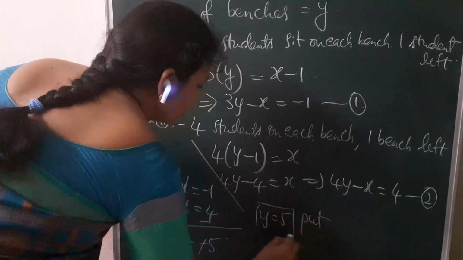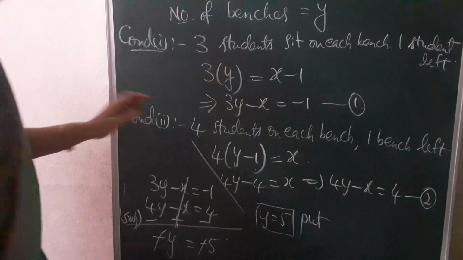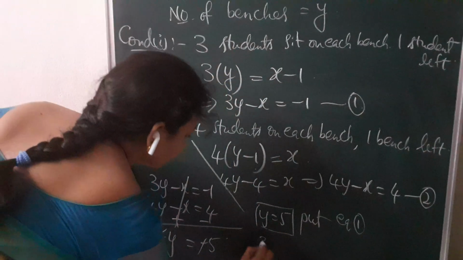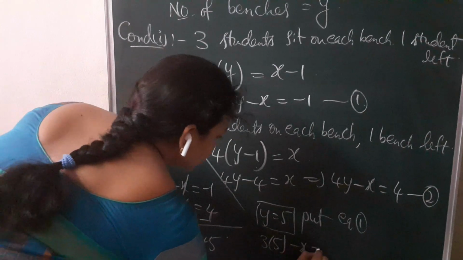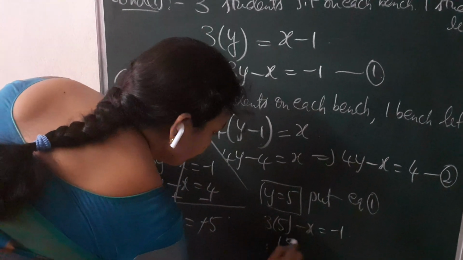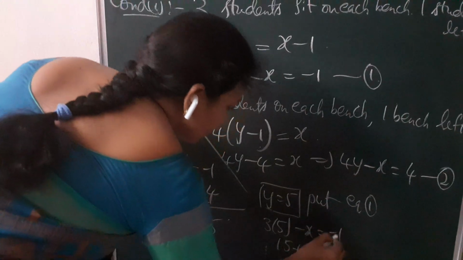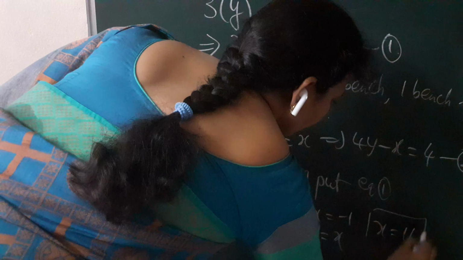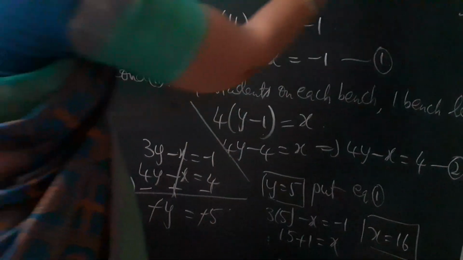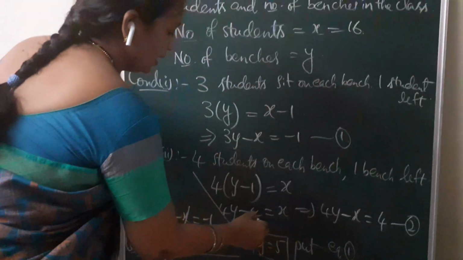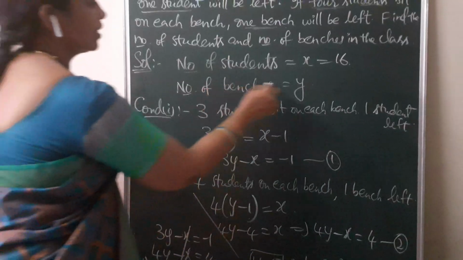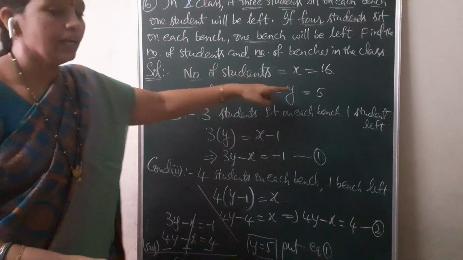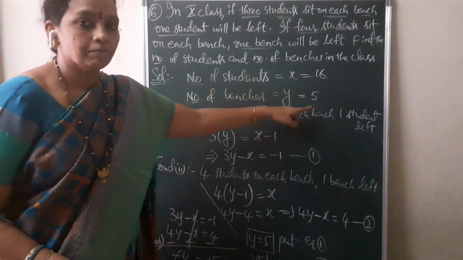Put it in any one of the equations. As the first equation, we will substitute in equation 1. 3 into 5 minus x is equal to minus 1. 15 plus 1 is equal to x by transposing. So x is equal to 16. So x means the number of students is 16 and y is 5, the number of benches is 5. Then the two conditions will be satisfied if x is 16 and y is 5.